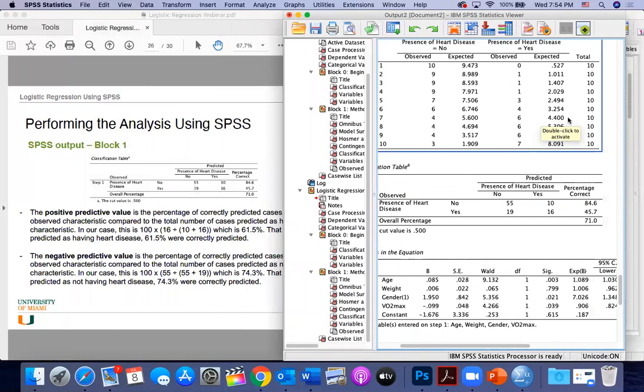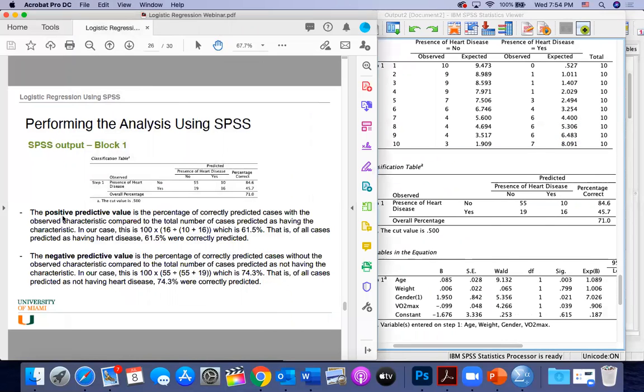If we want to look at the positive predictive value, it is the percentage of correctly predicted cases with the observed characteristic compared to the total number of cases predicted as having the characteristic.